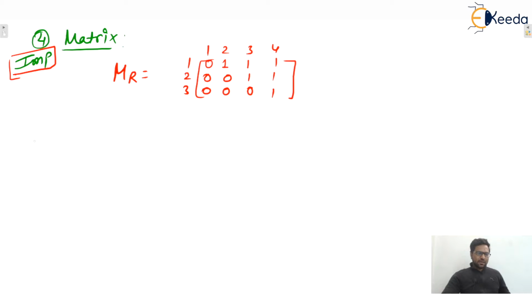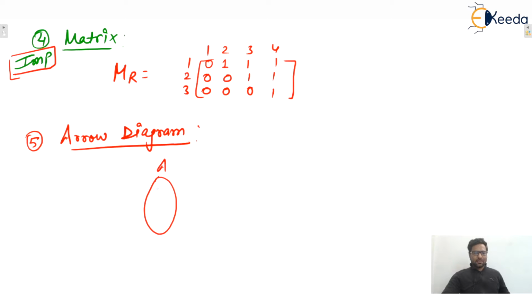Next, the fifth one is the arrow diagram. Here two sets are involved. Set A contains 1, 2, 3 and set B contains 1, 2, 3, 4. In the arrow diagram, 1 is related with 2, 1 is related with 3, 1 is related with 4.